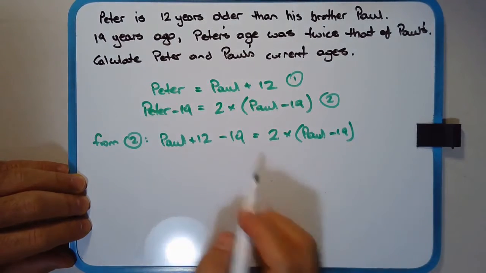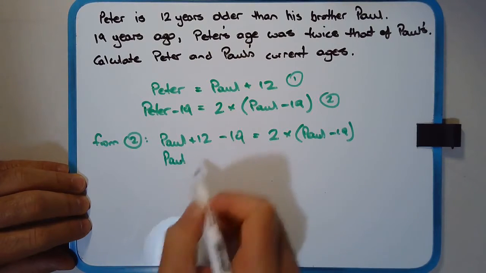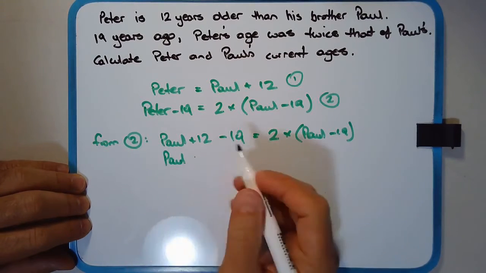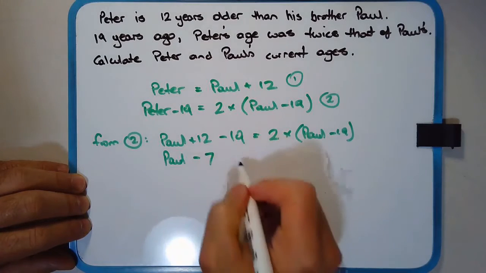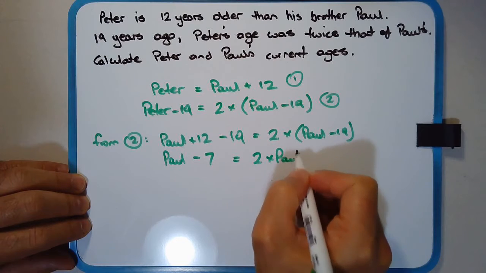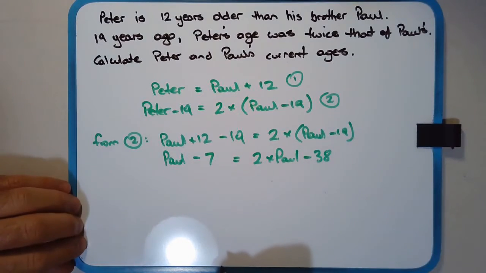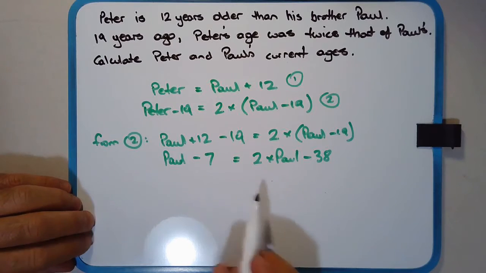Now we can solve for Paul's age. So minus 7 is equal to 2 times Paul minus 38. Okay, so far so good.